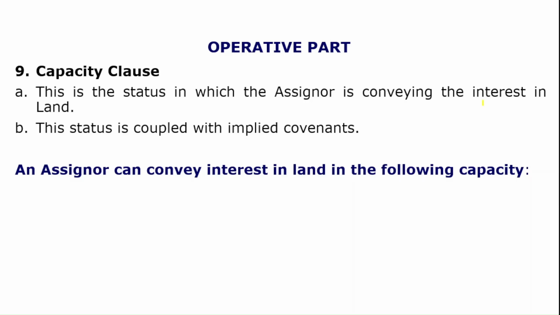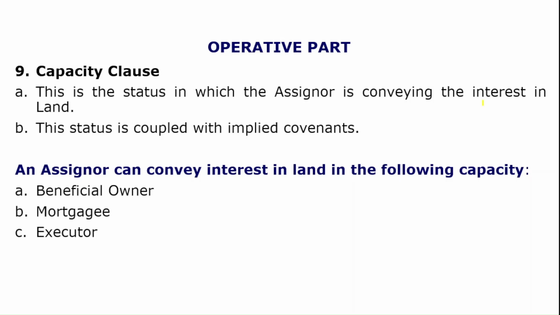Take note that an assignor can convey interest in land in the following capacity: either as beneficial owner of that land, as mortgagee, as executor, trustee, or personal representatives. Now, don't forget that we have said each of these capacity comes with implied covenant. So you have to be very sure.